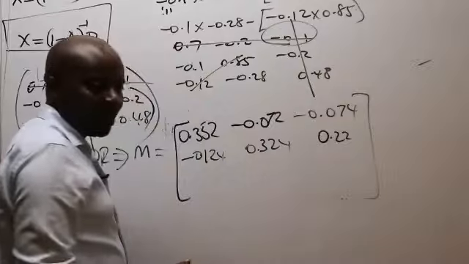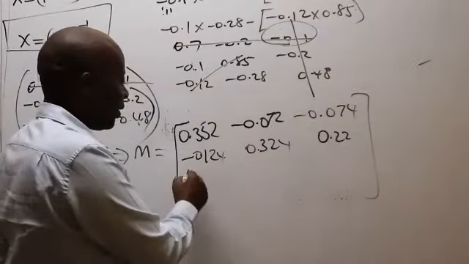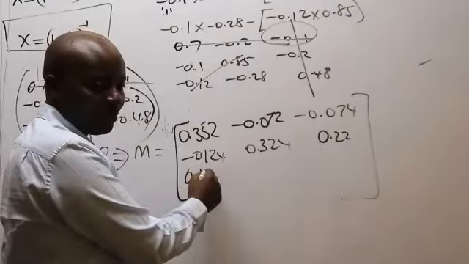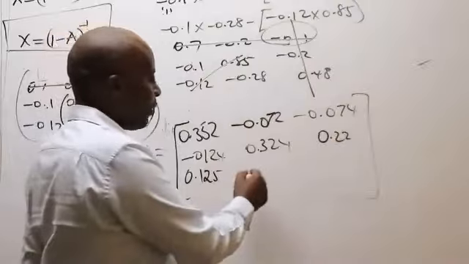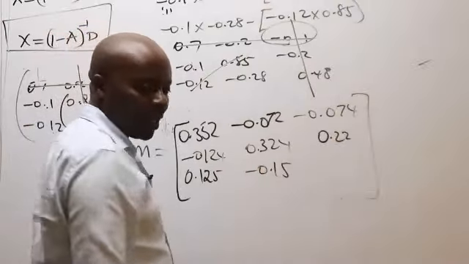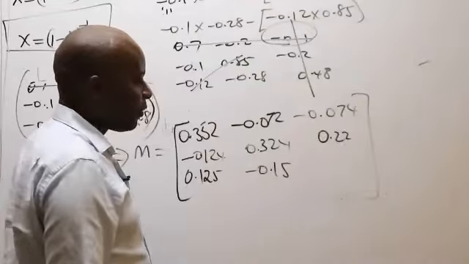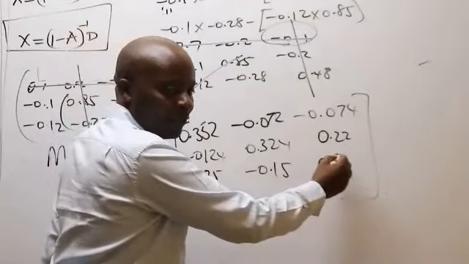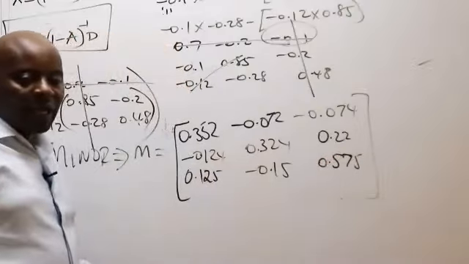Then we have 0.175, 0.125, then we have negative 0.15, negative 0.15, and then we have 0.5, 0.575. Those are the minor elements.